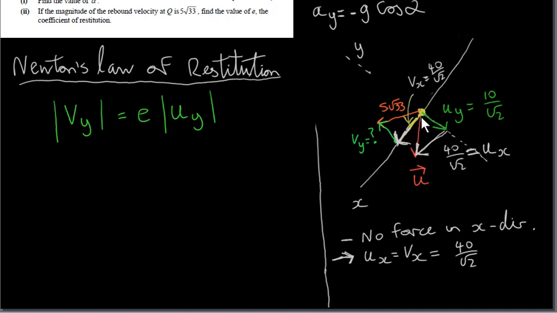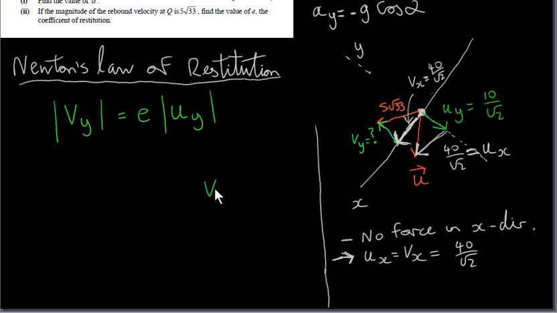Here is a more accurate picture of the situation. As a matter of fact, Vy is less than Uy, because after the ball bounces, you can imagine some of its energy is lost in the bounce. The force is entirely in the y direction. So you would expect that the y component of the velocity of the ball or particle immediately after rebounding should be less than the y component of it immediately before rebounding.